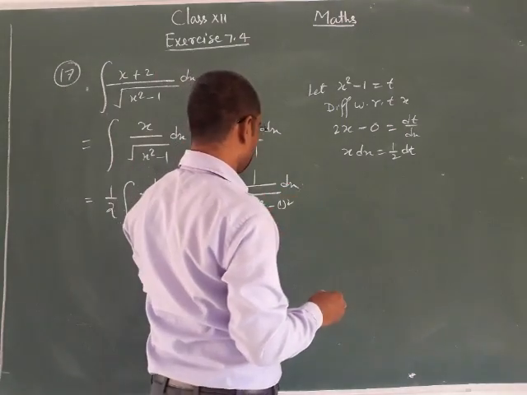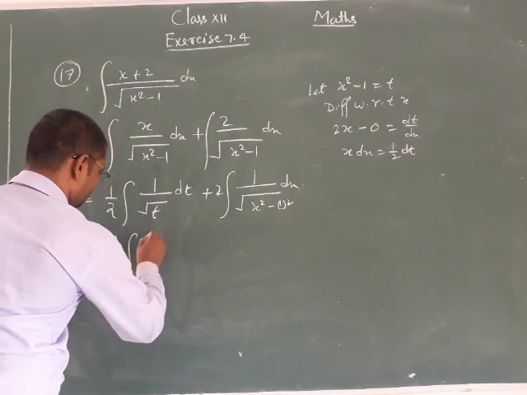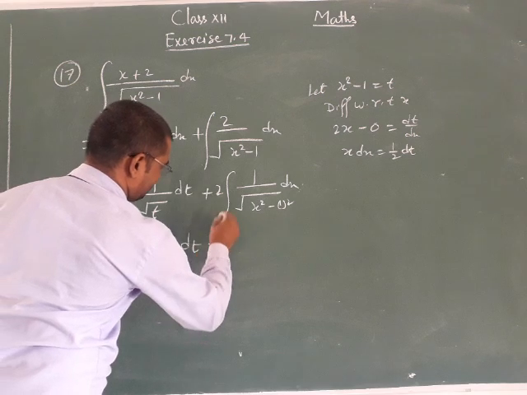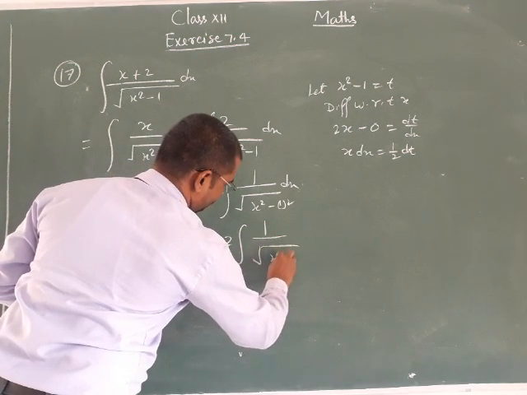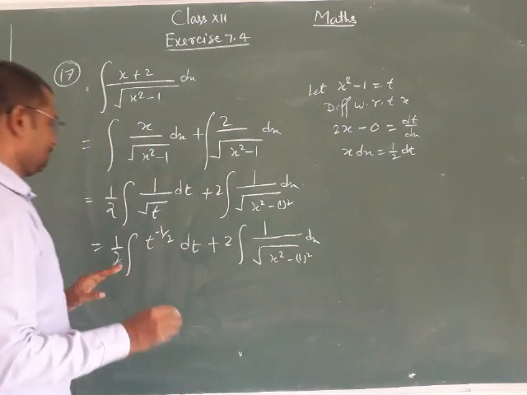So 1 upon 2 integral of t to the power minus 1 by 2 dt, plus 2 integral of 1 upon root x square minus 1 square dx.